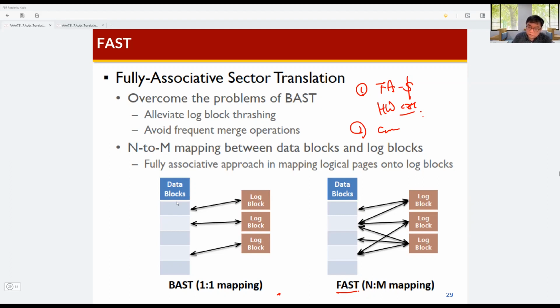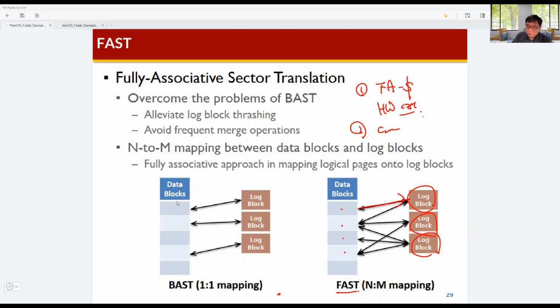And then also, multiple log blocks can be applied to multiple data blocks. If all log blocks are wasted, then we also need to perform the merge operation, and for this merge operation, the performance of FAST can be degraded.